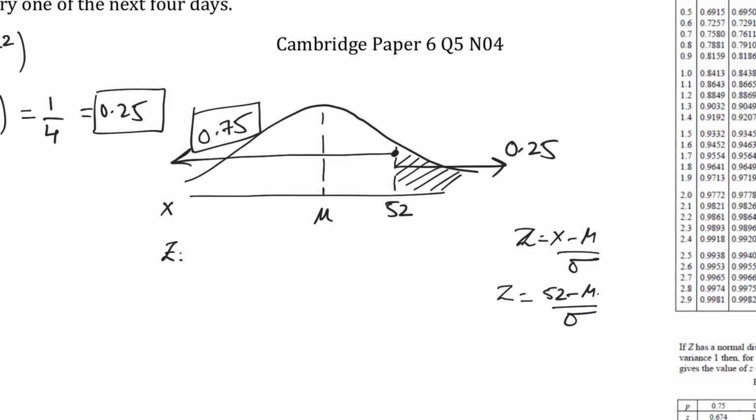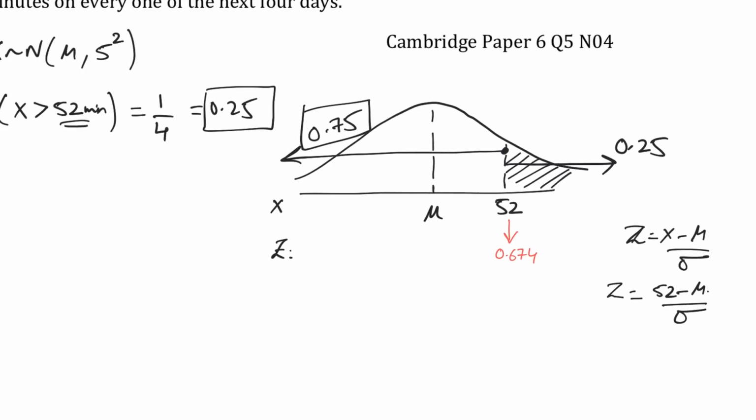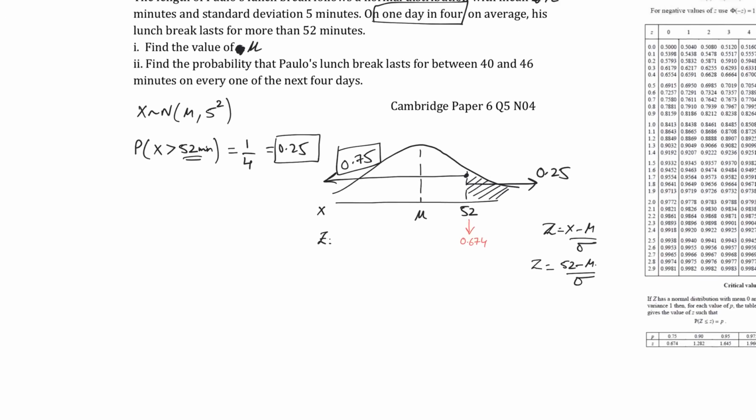The corresponding z value is 0.674 for 52. So now we know that z is equal to x minus mu over sigma.